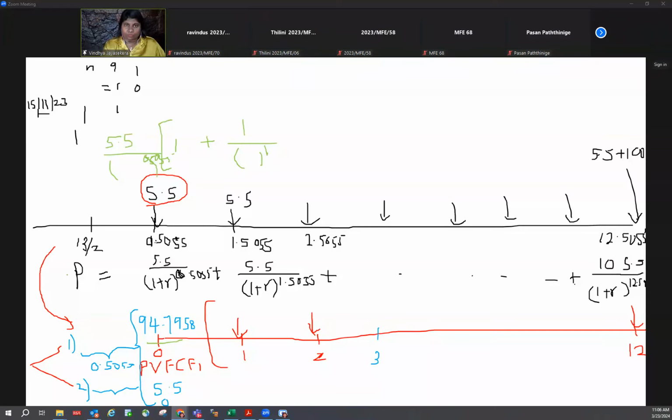This coupon payment would be 5.5 at 15th of May. So when we deduct this accrued interest amount from 5.5 and add it to the figure on 15th of May, will that be correct? No.